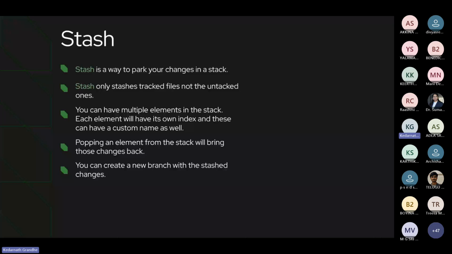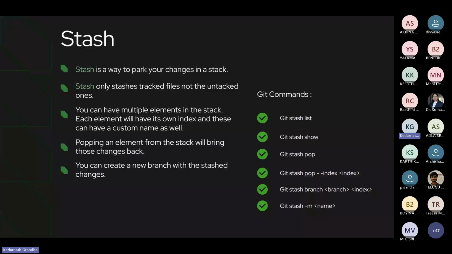So when you do git stash, it will park those changes into a stack, and you can pull the changes from the main branch into your local. Once the pull is done successfully, you can do a git stash pop. So these are the commands that are used for git stash. When you pop these changes from the stack, you can entirely move these changes into a new feature branch as well.